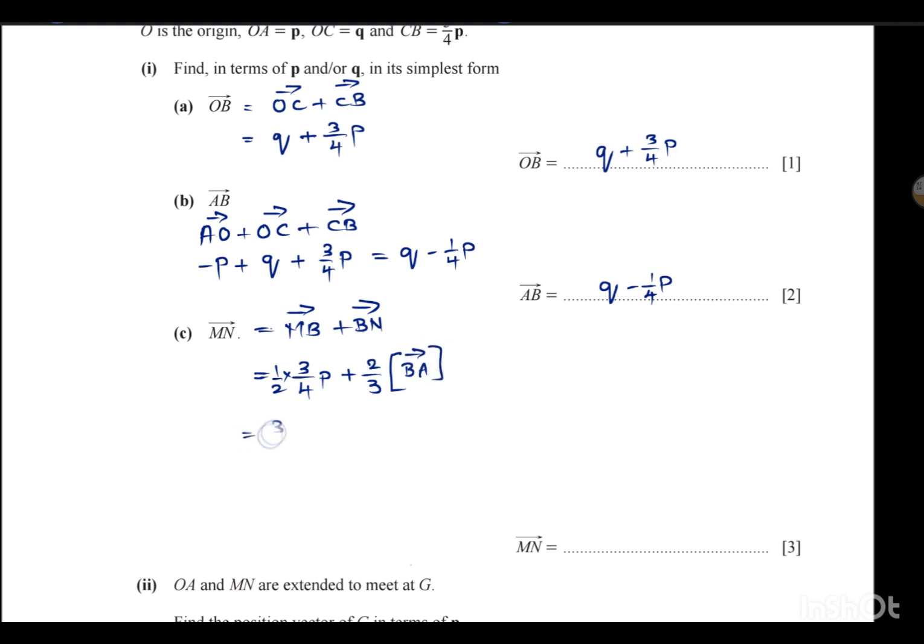So let me just write this as 3 by 8 P plus 2 by 3. Now negative of BA is negative of AB, right? We already got AB. So just change the signs of whatever we got. So it will be minus Q plus 1 by 4 P. That's it. So here 3 by 8 P minus 2 by 3 Q plus 2 by 12 P.